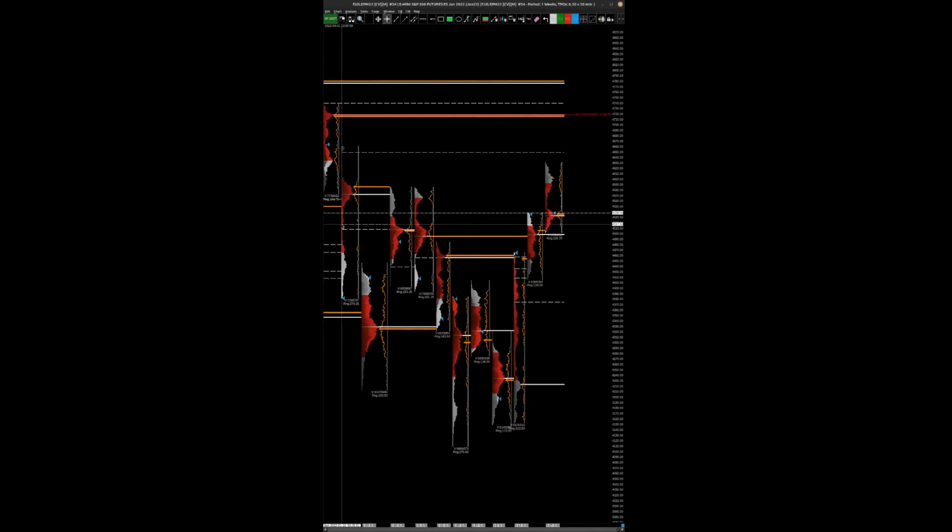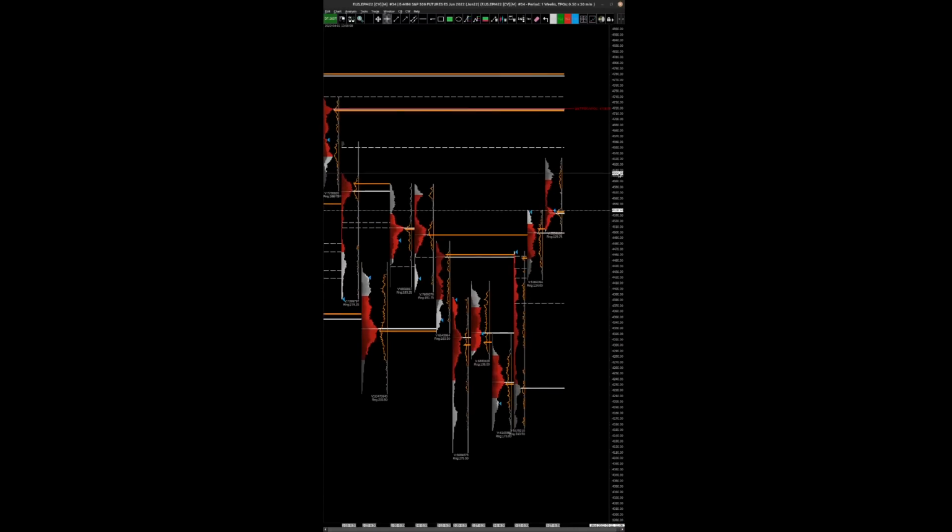That's right. I hardly look at those on the weekly. I typically look at the single prints only on the daily, so why do I have them up on the weekly? Well, if they're up on the weekly, it just alerts me to maybe take a closer look on the daily. So that's it.